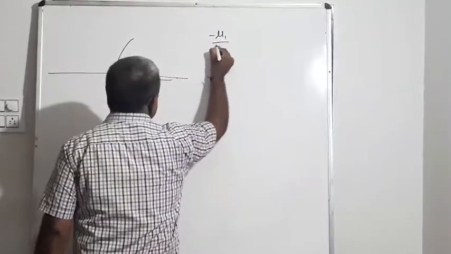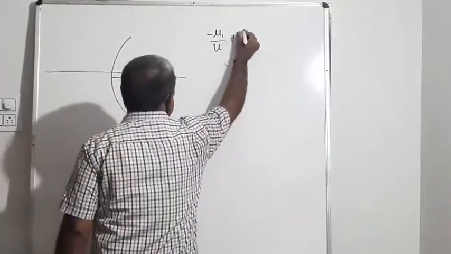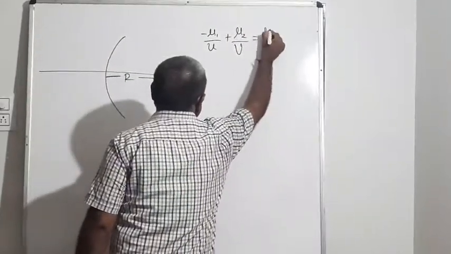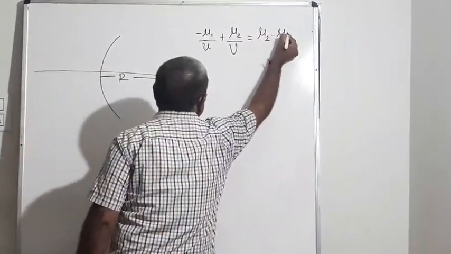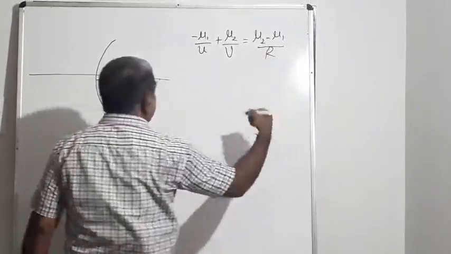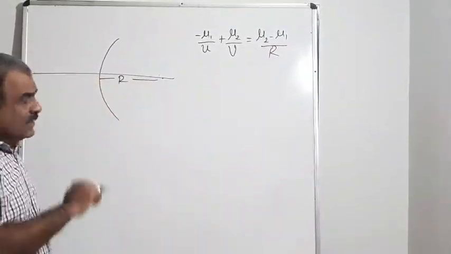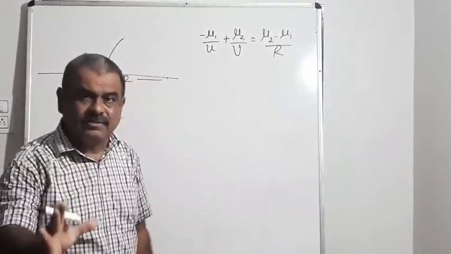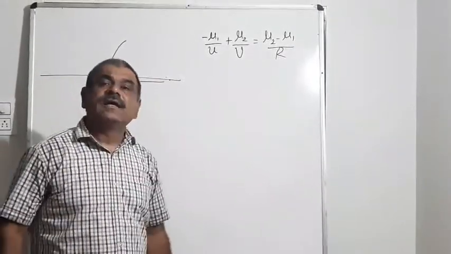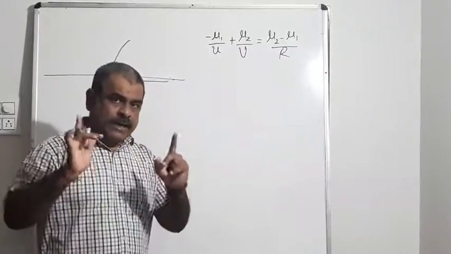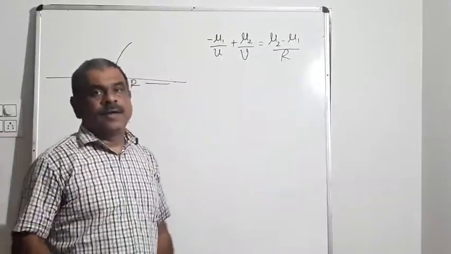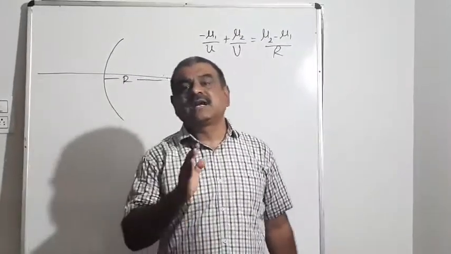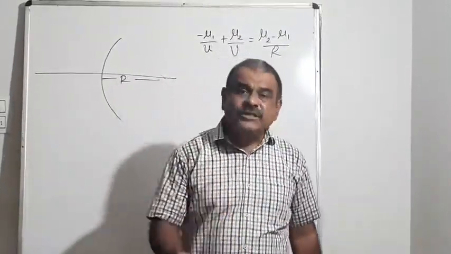Minus mu 1 by u plus mu 2 by v is equal to mu 2 minus mu 1 by r. And as we have already discussed, this u, v and r have conventional meaning: object distance, image distance, as well as radius of curvature.